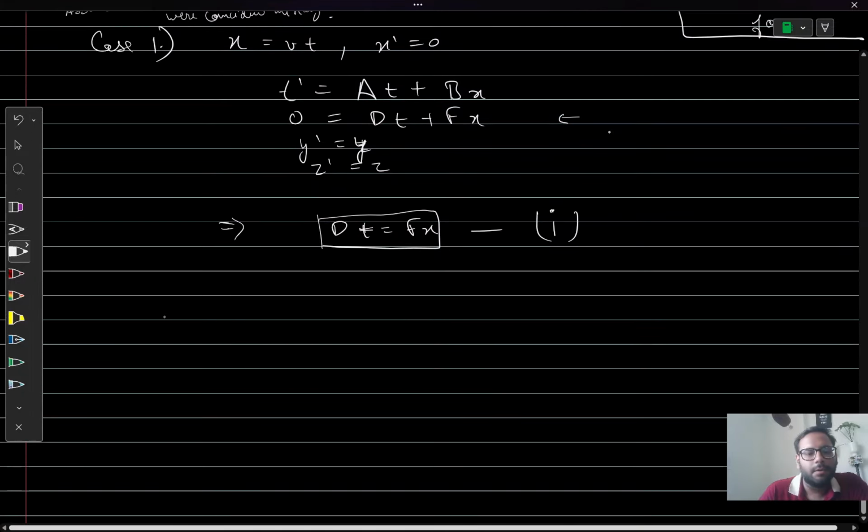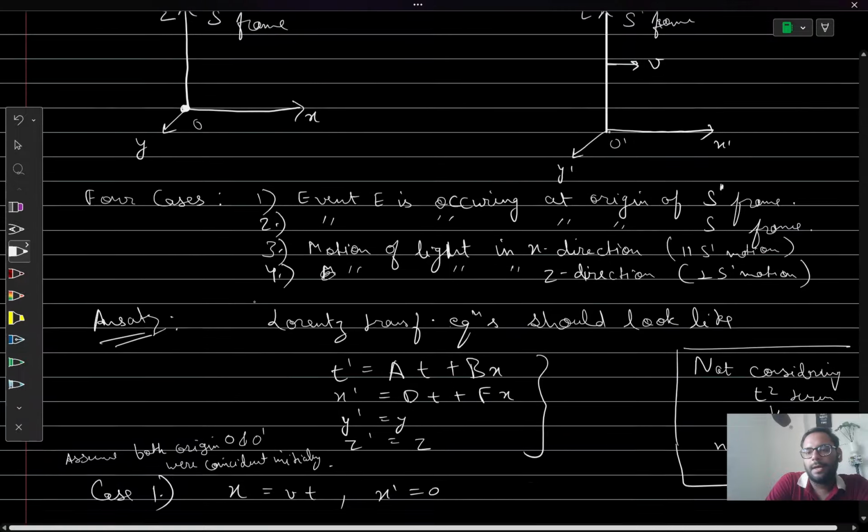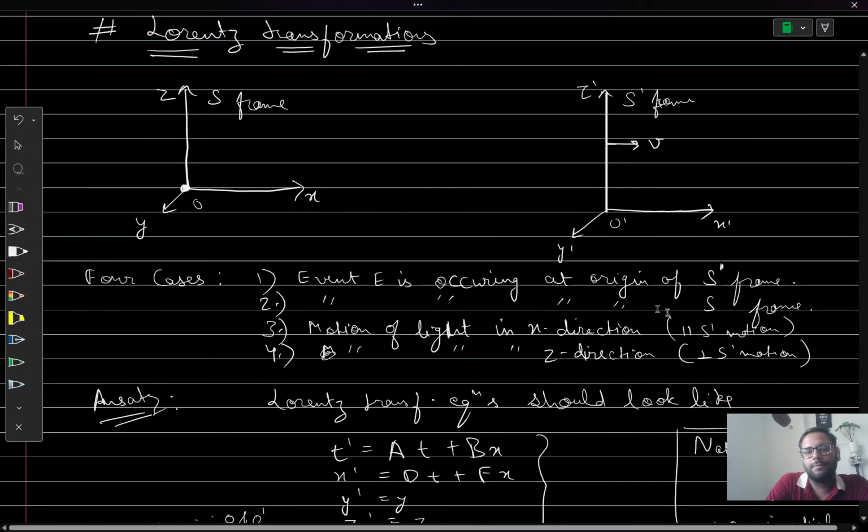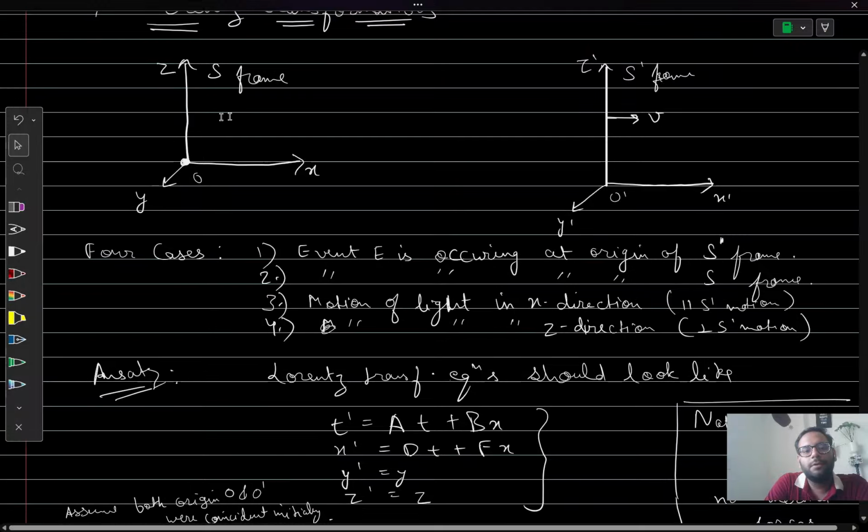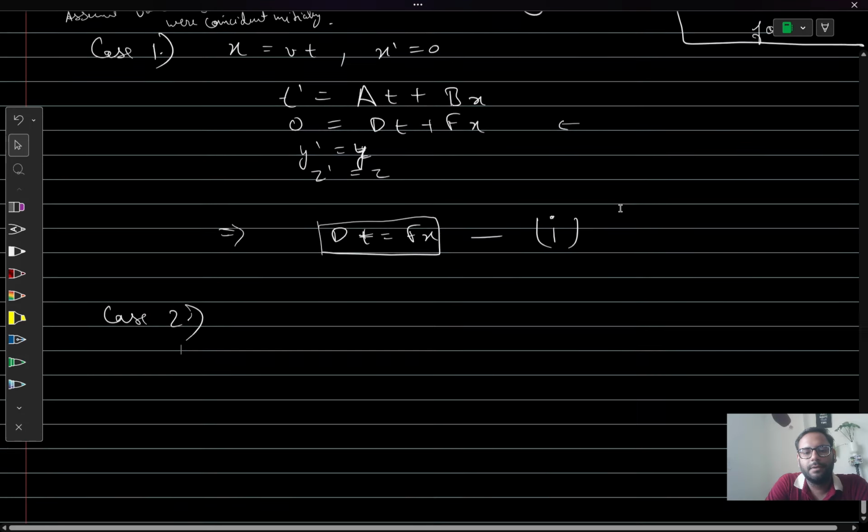Now the next case, case 2, quickly. The event is occurring in the S frame, at this origin, the O origin. So according to the S frame, the x coordinate will be 0, and according to the S prime frame, the coordinate of this event will be minus vt prime, right?